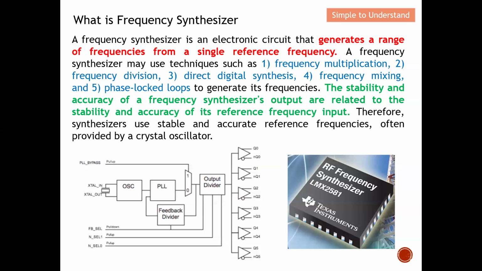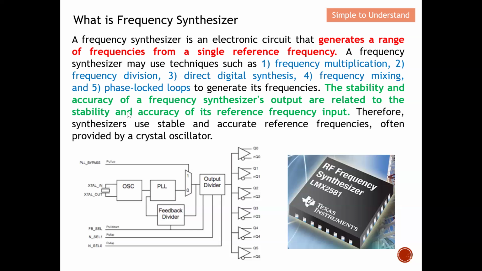So therefore, how accurate and how stable the frequency synthesizer is depends mainly on this reference frequency. As I mentioned earlier, there will be just one single reference frequency, and we rely heavily on this single reference frequency so as to ensure the stability and also the accuracy of the generated frequency.